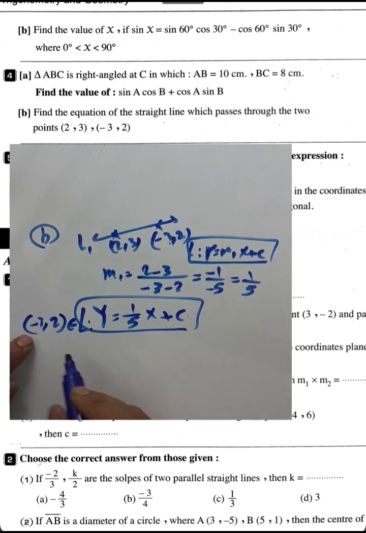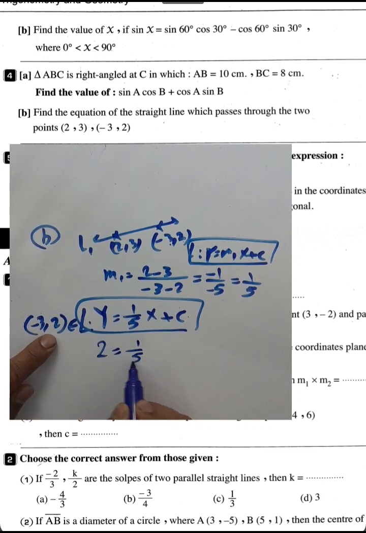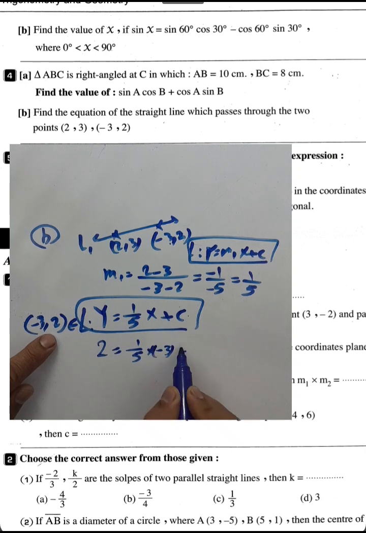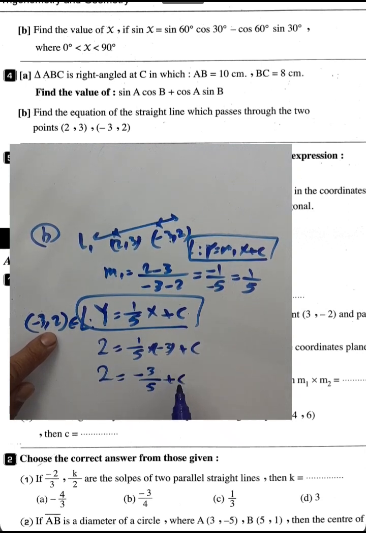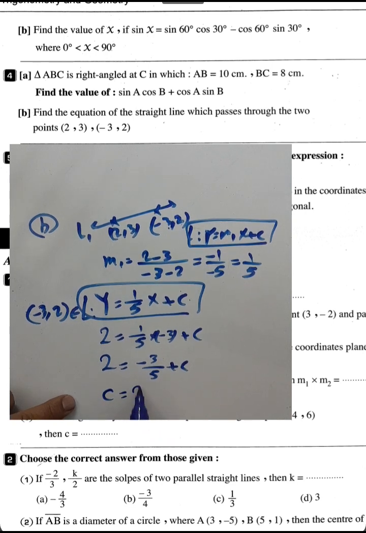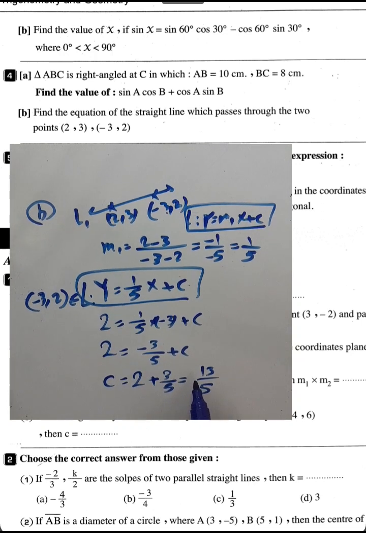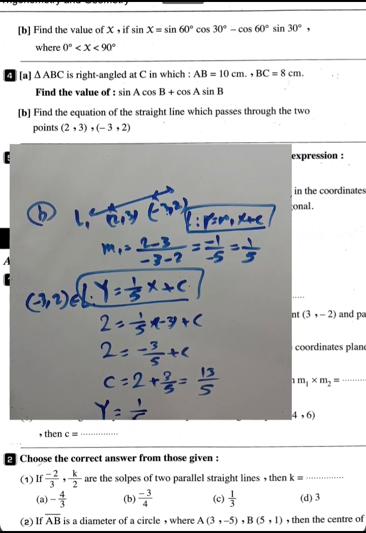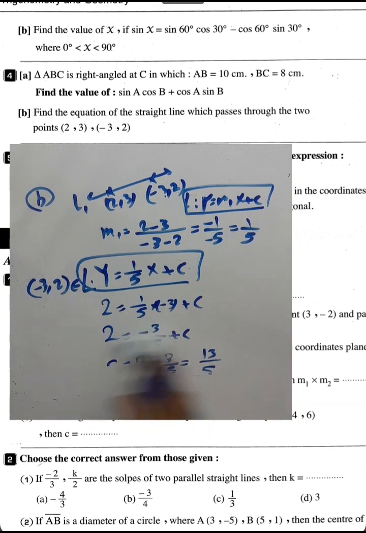Put x equals -3 and y equals 2. Then 2 equals 1/5 multiplied by -3 plus constant, so 2 equals negative 3 over 5 plus constant, and the constant will be 2 plus 3 over 5, which is 13 over 5. The equation will be y equals 1/5 x plus 13 over 5. Okay, it's the equation of the straight line.